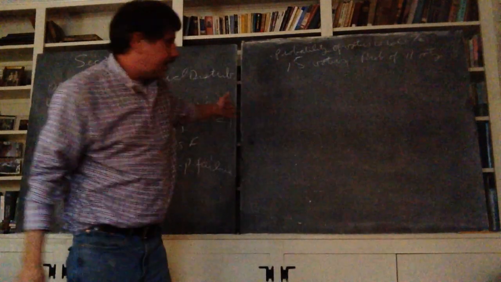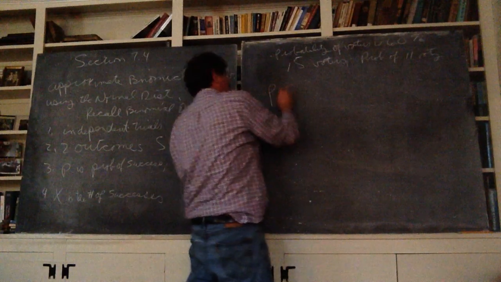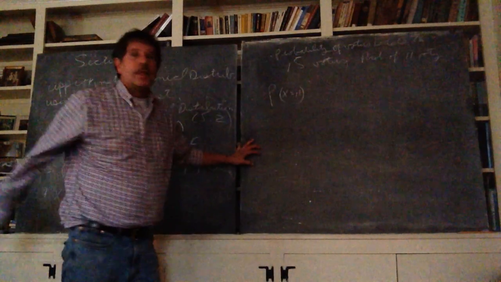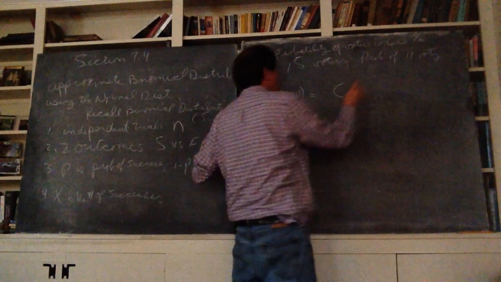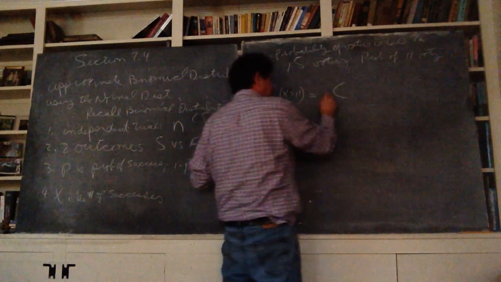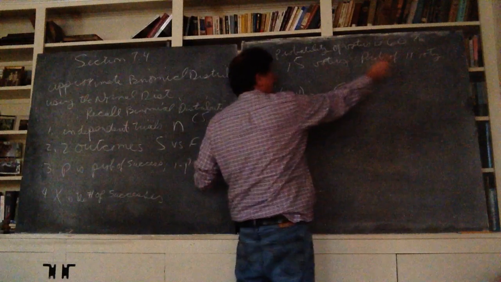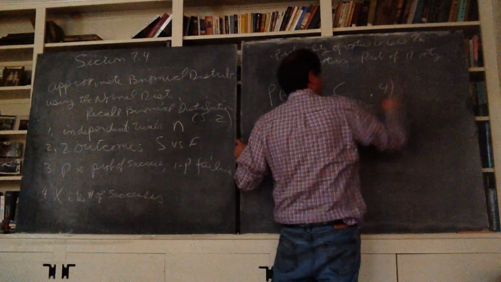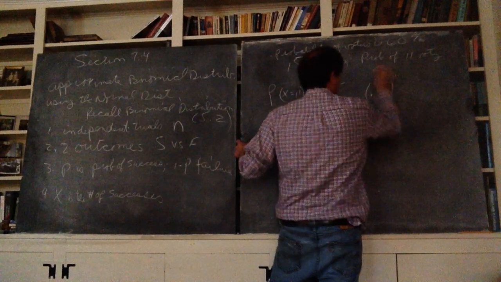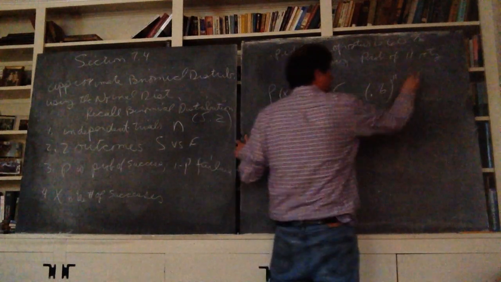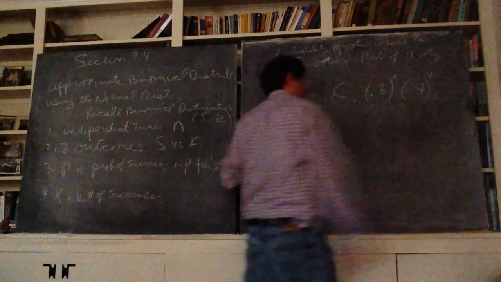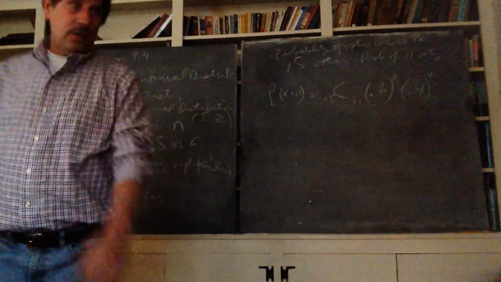The probability x is 11 is a combination from n, the x that we want, times the probability of anyone voting, 0.6, times the probability of people not voting, raised to, in this case, the 4th power, the number of people that aren't voting.